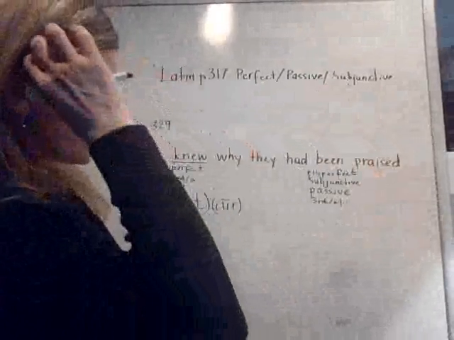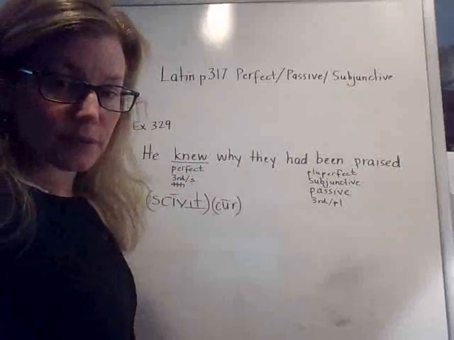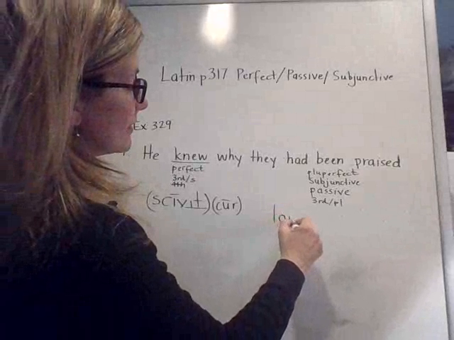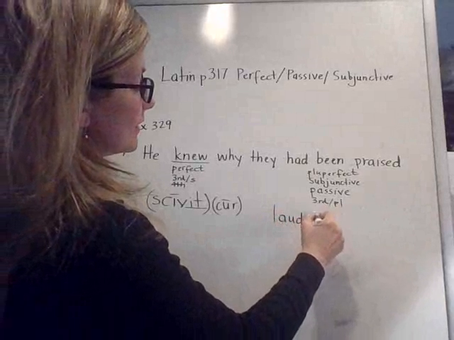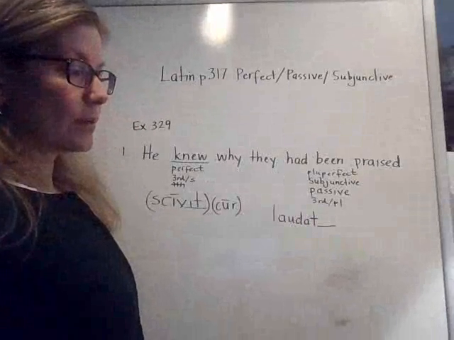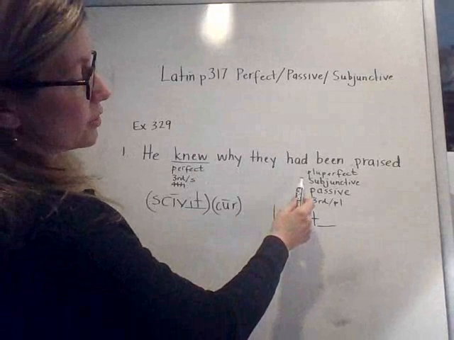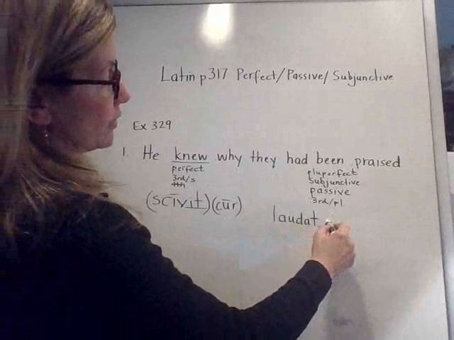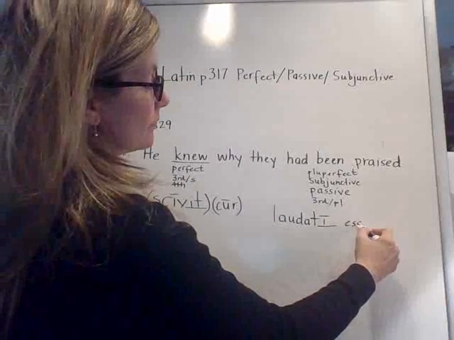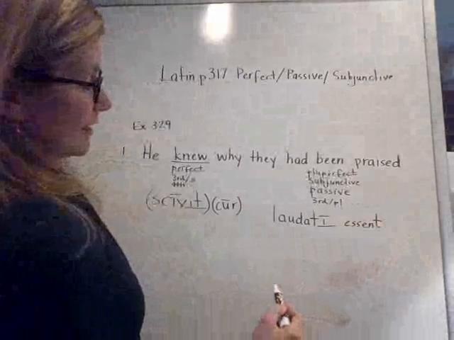We know laudo, laudare, laudavi, laudatus. So the fourth principal part is laudat, and then the ending we would look up, pluperfect subjunctive passive third person plural, laudati, and then the same form of the verb to be, laudati essent.